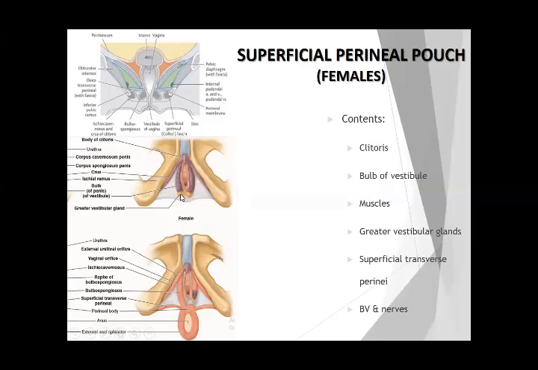I just told you they are partly covered by the posterior edge of the bulb of the vestibule. And don't forget this muscle, the superficial transverse perinei. Okay, this is also just like we saw it in the males. And of course, the same deep nerves and vessels that we have.